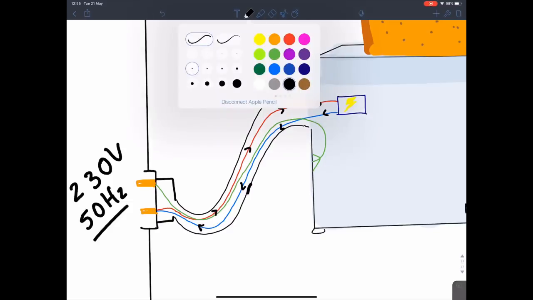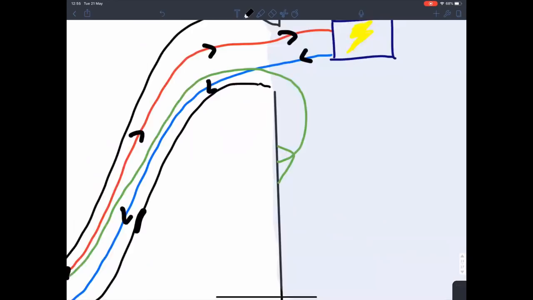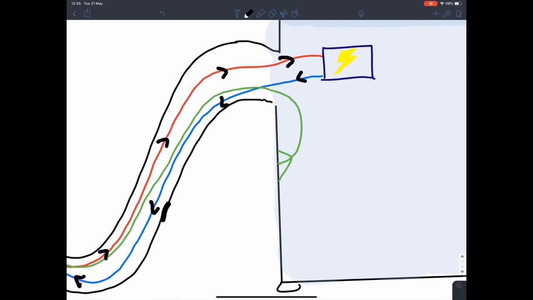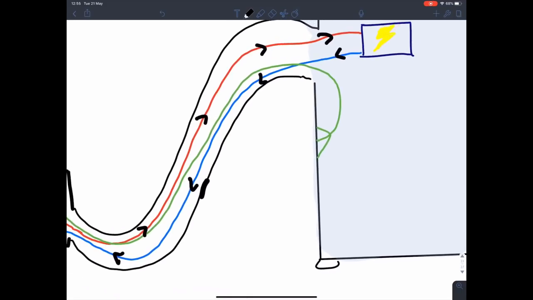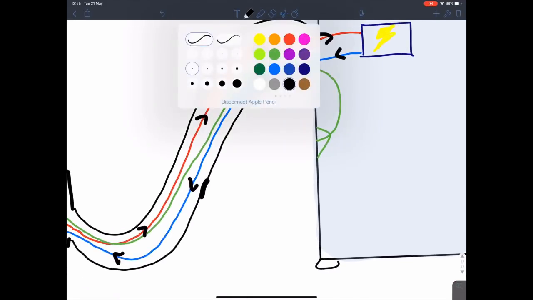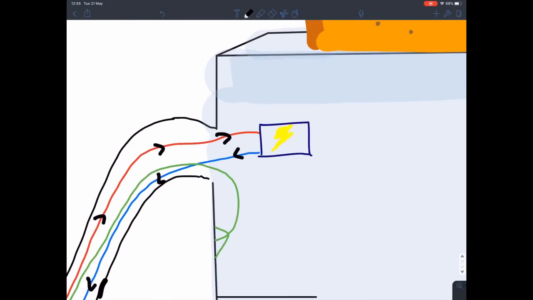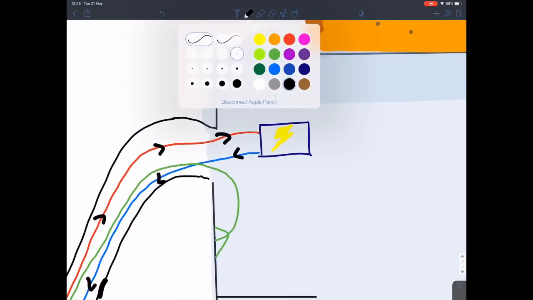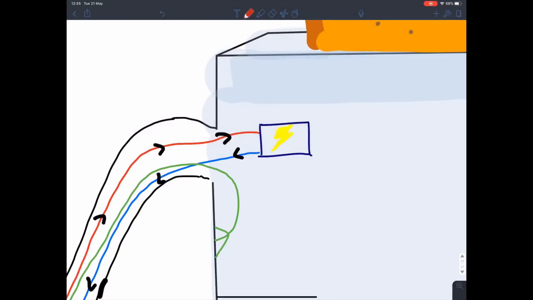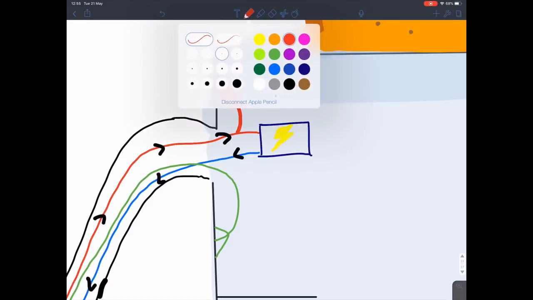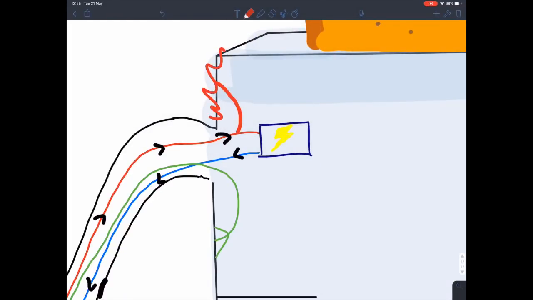Now, sometimes what can happen, and of course you can see over here, the green one is actually touching the metal casing itself. So the earth wire is actually touching the metal casing itself. And we're going to talk about how this works. Sometimes a fault can develop in which the brown wire or the live wire touches the casing itself. When that happens, the entire apparatus, so the entire casing, also becomes live.